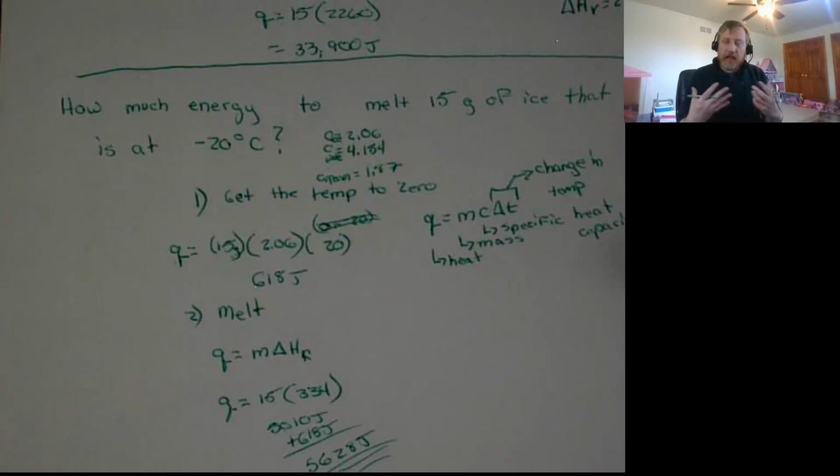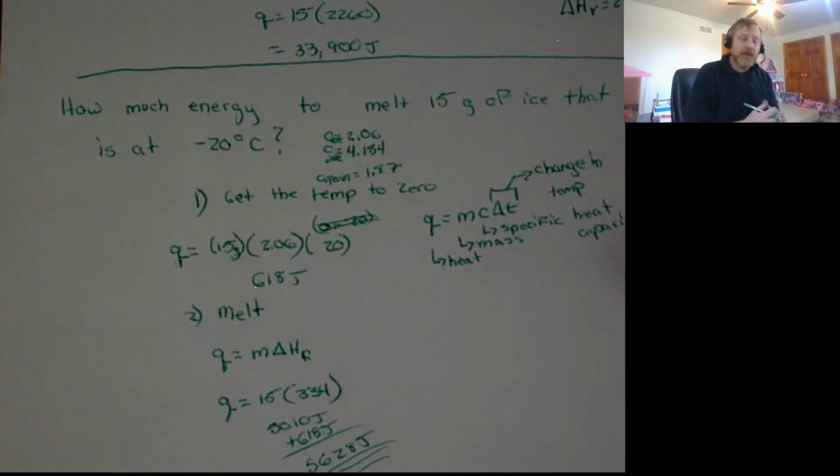And so we just got to kind of keep track of what we're doing and then apply the appropriate formula for each step and then add all those results up at the end, and we can do, well, up to a 5-step problem. So let's see an example of one of those.